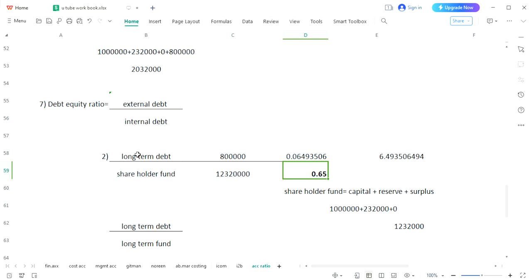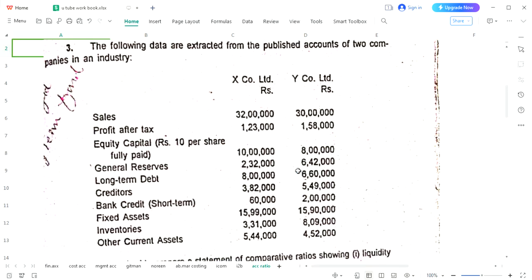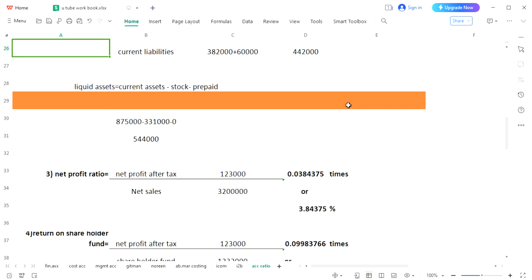So guys, in this way the 7th ratio has also been calculated and its answer is matched as well. So these were 7 requirements. But keep it in mind, all these 7 requirements we have calculated for X company, and you are responsible to calculate the same for Y company. Almost it's cheating.